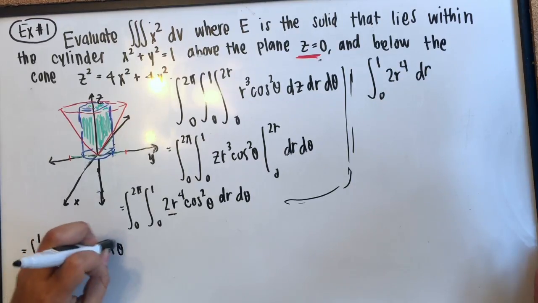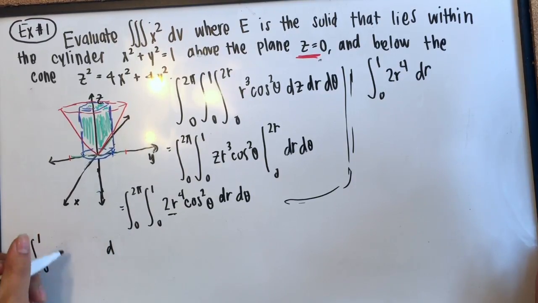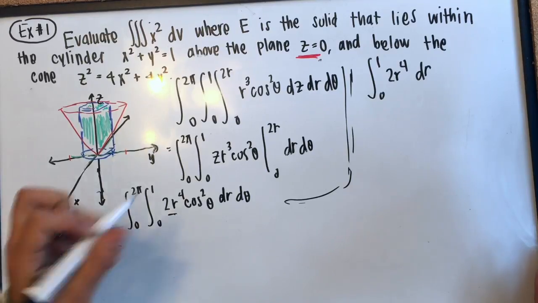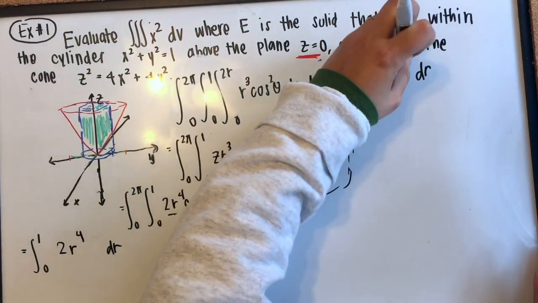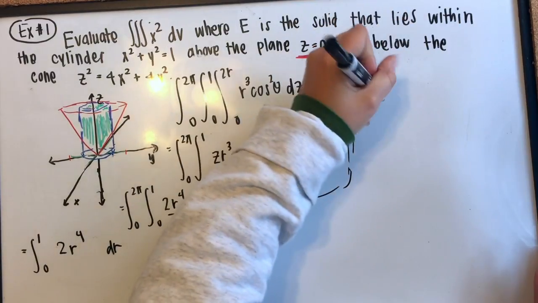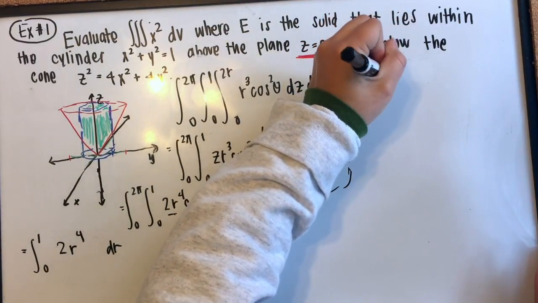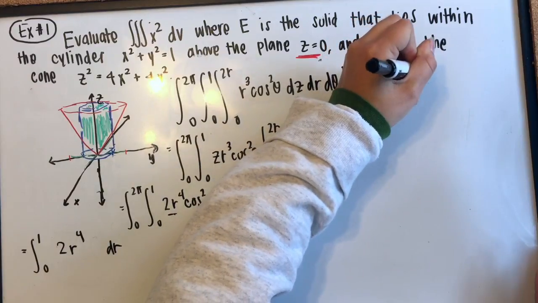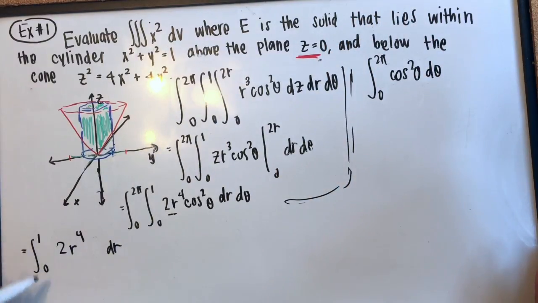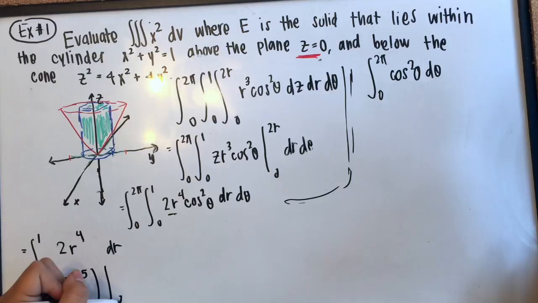Let's do dr here. So 2r to the 4th dr, and 0 to 2 pi cosine squared d theta. This is basically easy to integrate. This is 1 over 5 r to the 5th power, and so this becomes just 2 over 5.